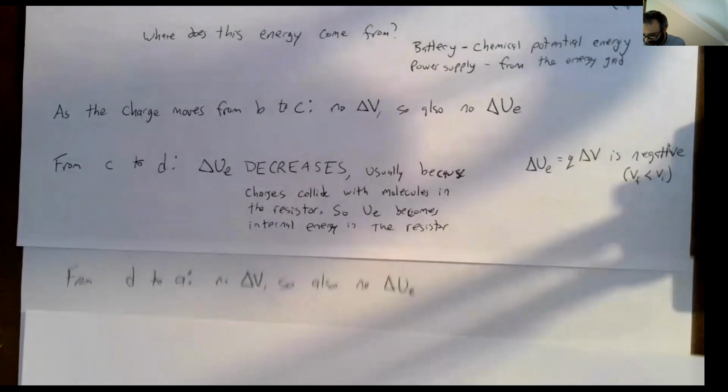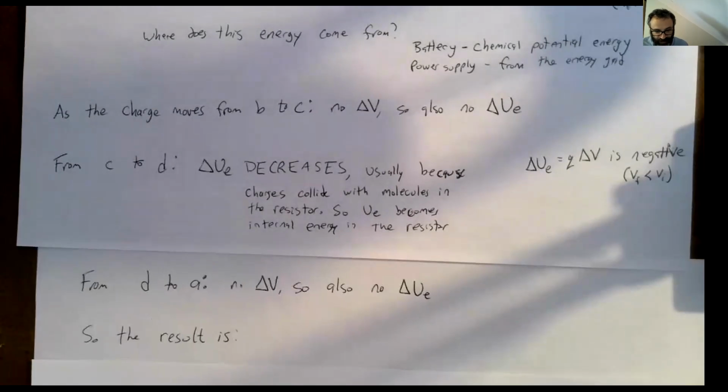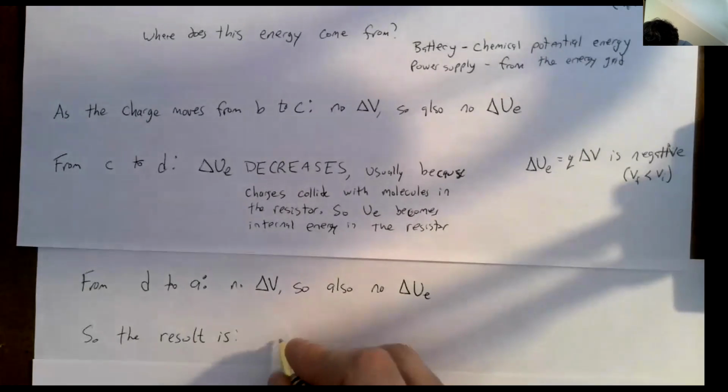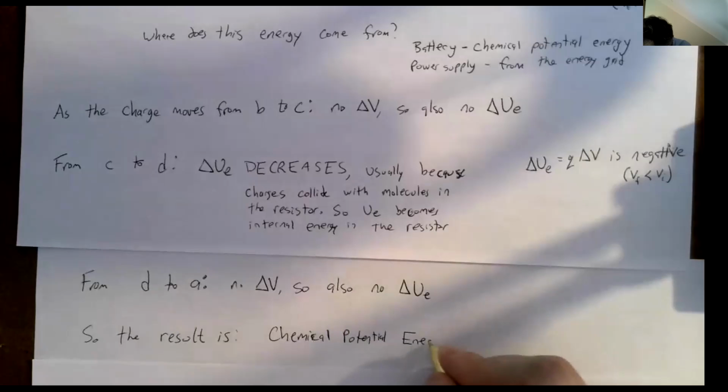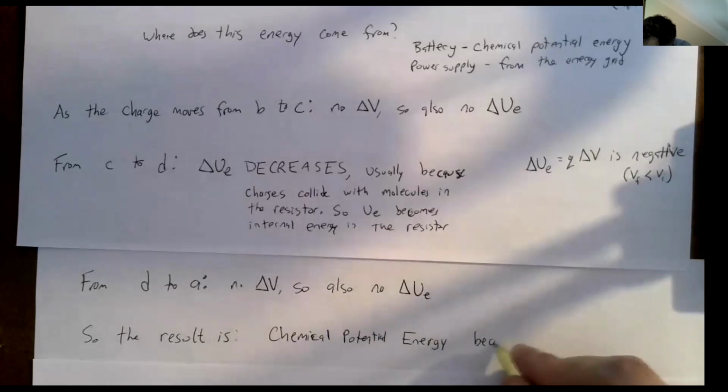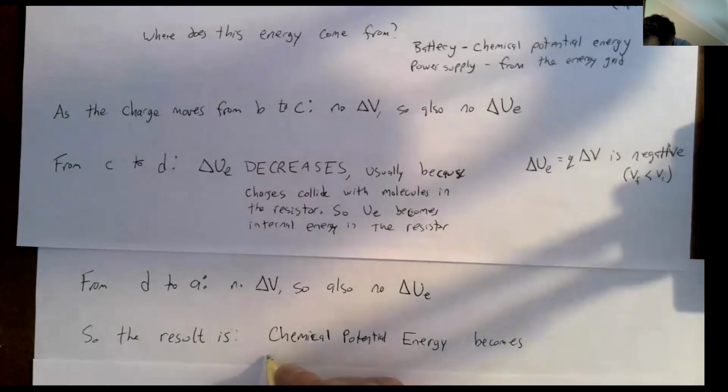Right, so what's happened as the positive charge travels around the circuit is the chemical potential energy ends up becoming heat or internal energy, let's say internal energy of the resistor.